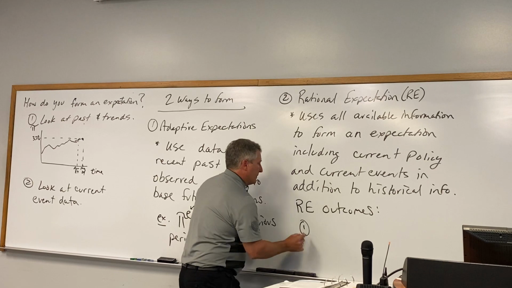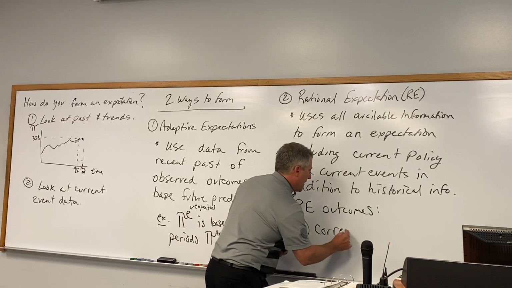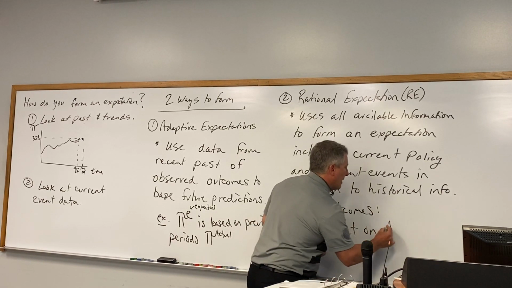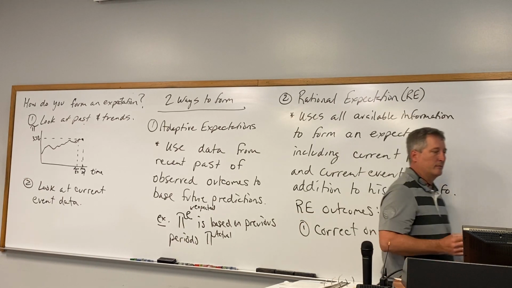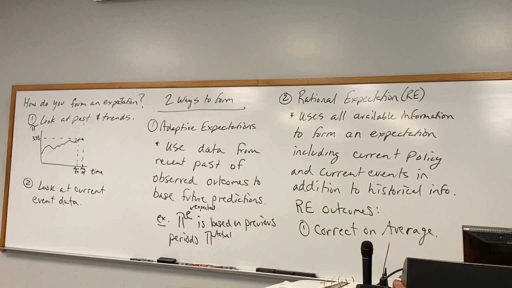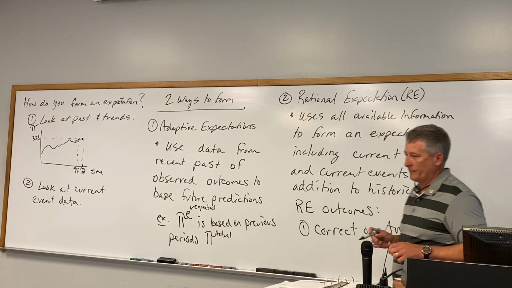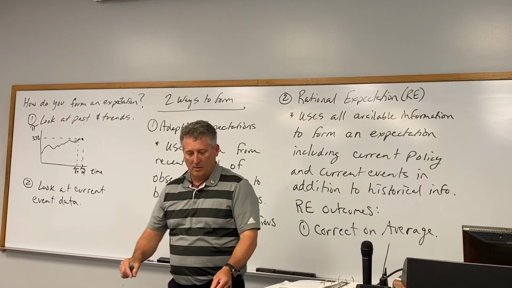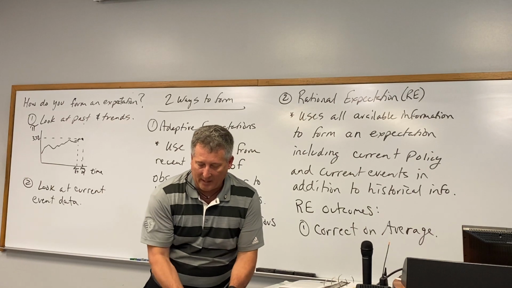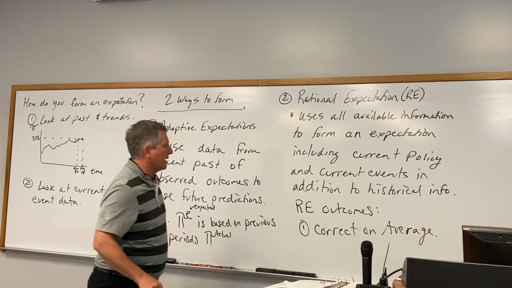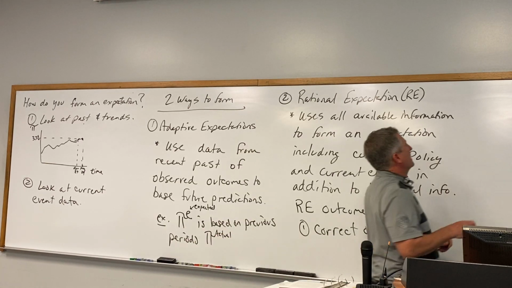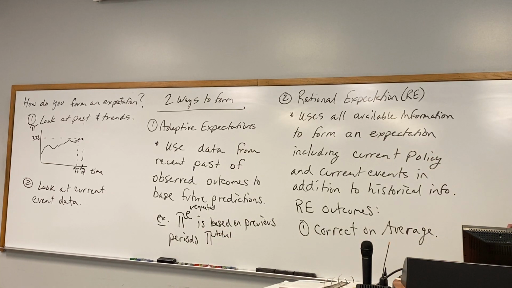Number one is that they're going to be correct on average. So we kind of have an equal possibility of being right or wrong, or high or low.